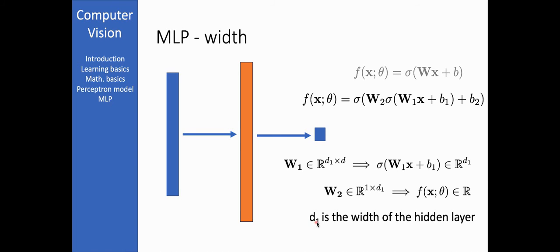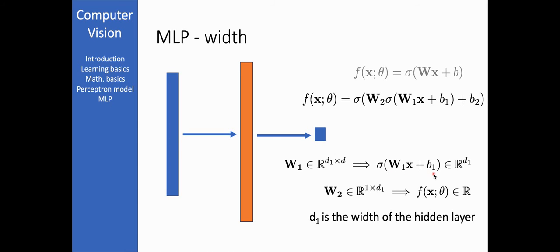Mathematically, my first transition from my input to the hidden layer is represented by this W1 matrix, which transforms the D-dimensional input into a D1-dimensional hidden layer. So when I do this operation, x times W1, this will be D1 dimensional.